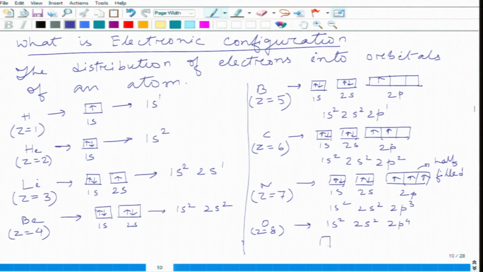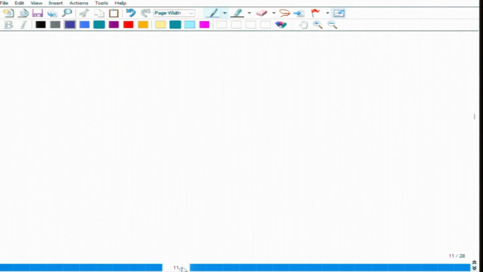We have 1s and 2s in a similar way, and since all the orbitals have been filled with one electron, now the fourth electron will come in pairing with the opposite spin. Clear? So we get 1s2, 2s2, 2p4.